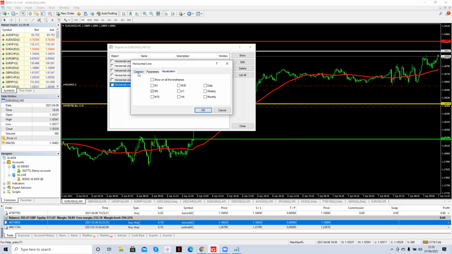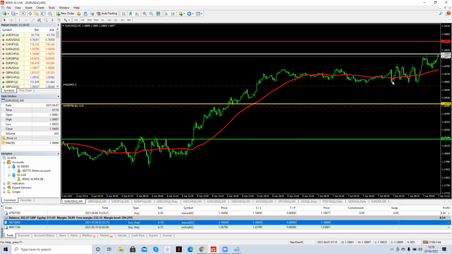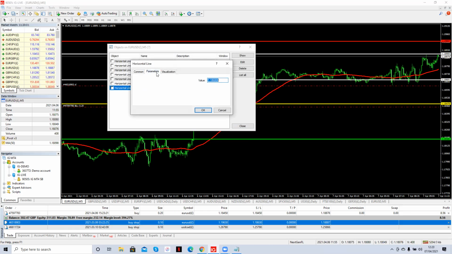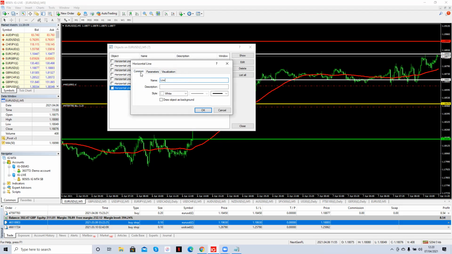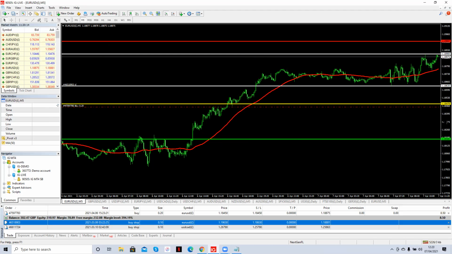And the low there, looking at the data window, is 1.1863. I only want to see it in the 5-minute time frame. Okay, so that's the current sideways trend.